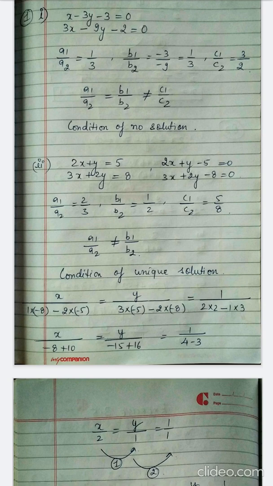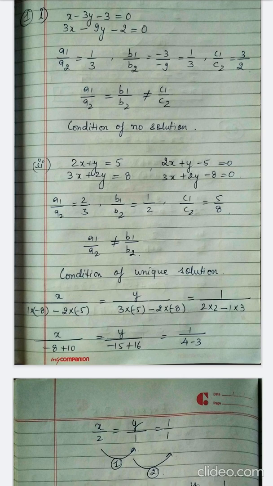It means x upon, hide the values of x. We have 1 into -8 minus 2 into -5 = y upon 3 into -5 minus 2 into -8 = 1 upon 2 into 2 minus 1 into 3.